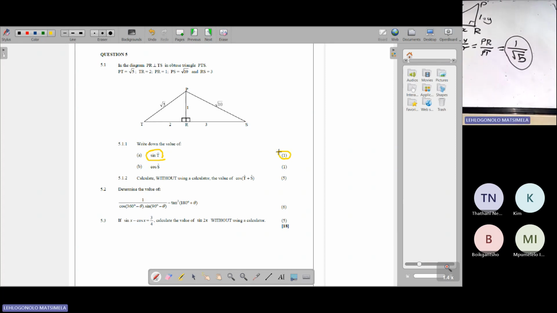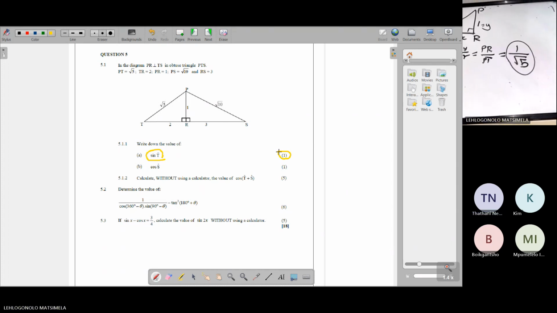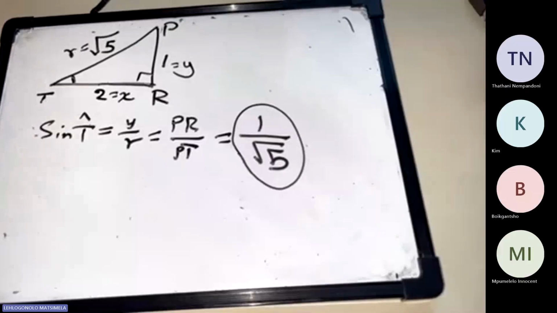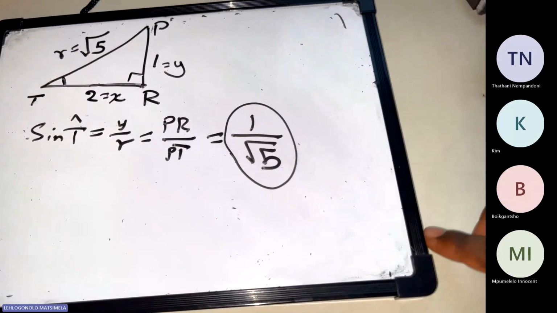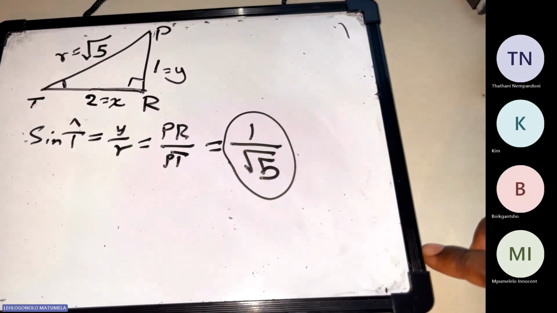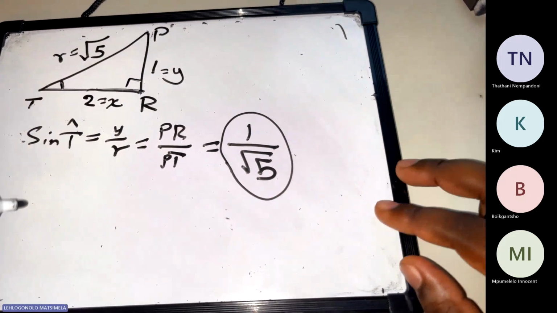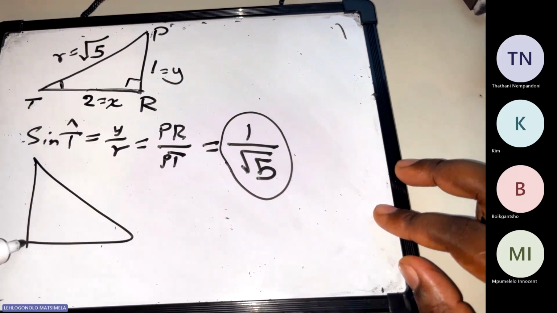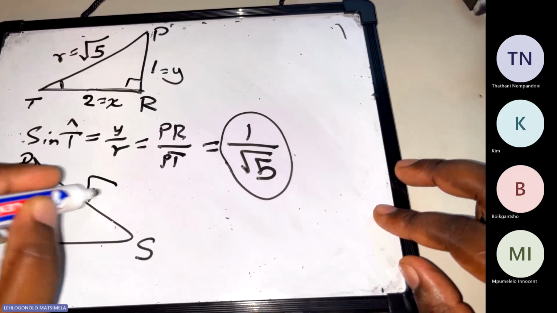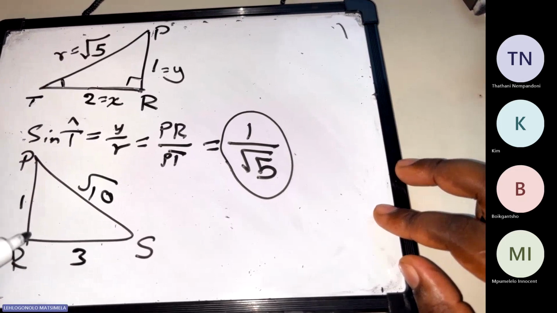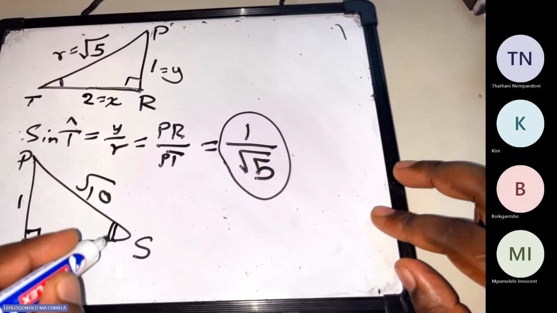For the second part, if they are looking for cos S, it is on the other triangle. We are now going to put it in this triangle SRP, with root 10 and 3. If here is 90, they are looking for this angle.